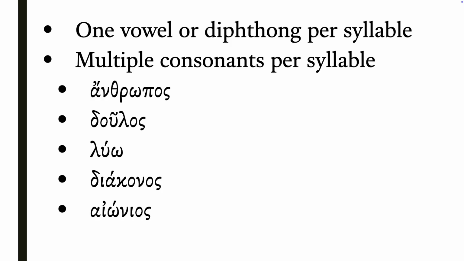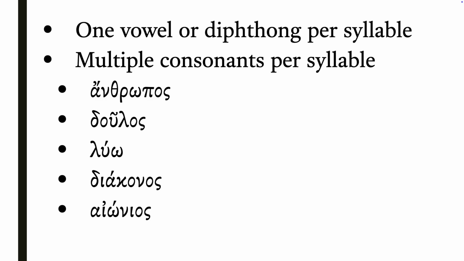So now that we know the vowels, the consonants, and the diphthongs, and the sounds that we make, we need to learn two very basic rules with respect to pronunciation to help us in speaking any Greek word. So these two rules are that there is one vowel or diphthong per syllable.